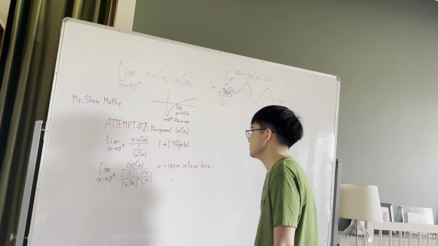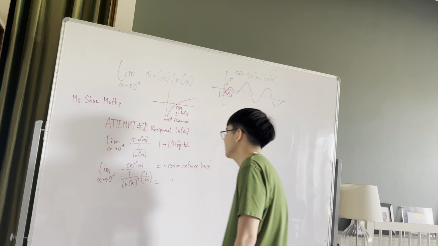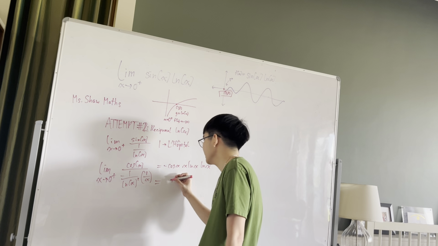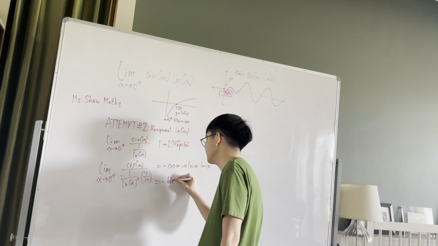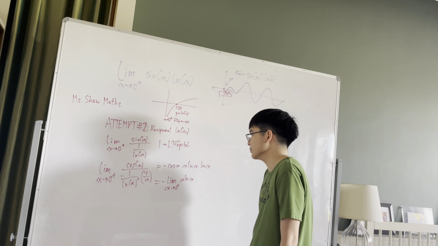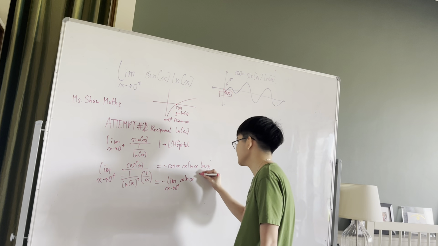And now here's a surprising fact. I'm going to factor out the negative in front because we can. The limit as x approaches 0 from the positive side of x ln of x is actually tolerable, and it becomes 0, as we just stated.